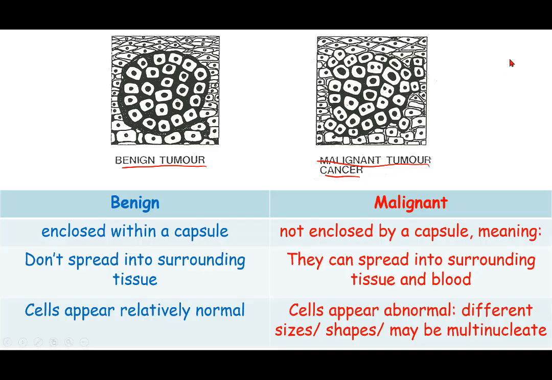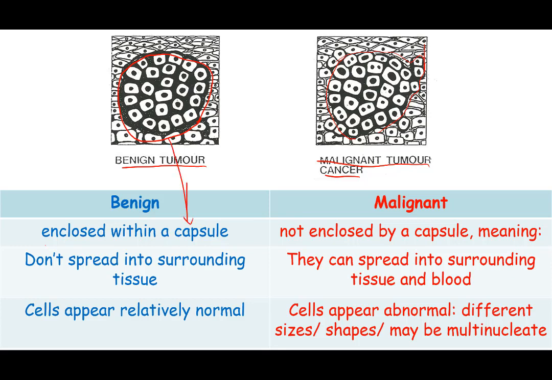If we were to compare them, this is the sort of things we can see. So around this area here is the benign tumour, and then around this area is the malignant one. Now, here's the differences between them. With a benign tumour, you can see that it's enclosed around a capsule.